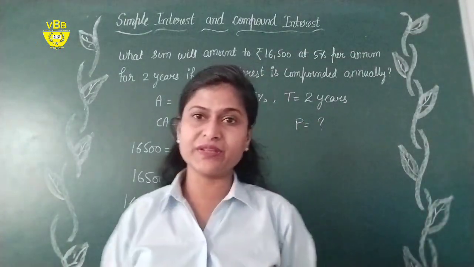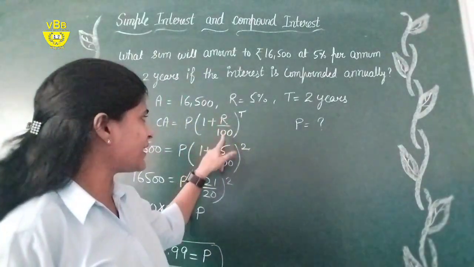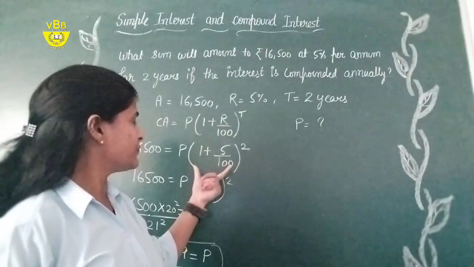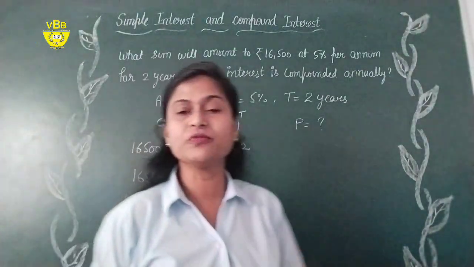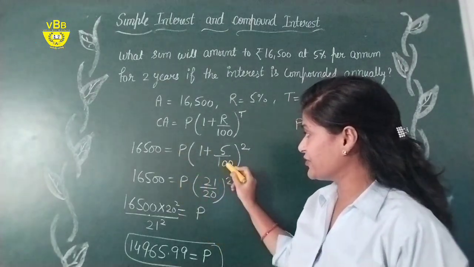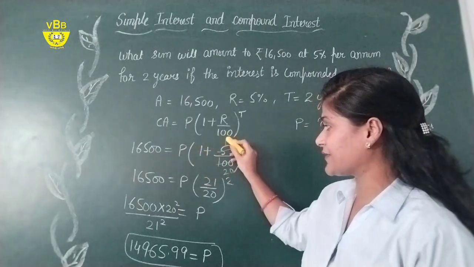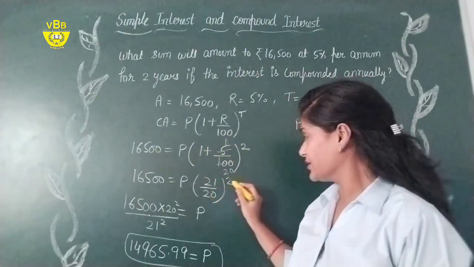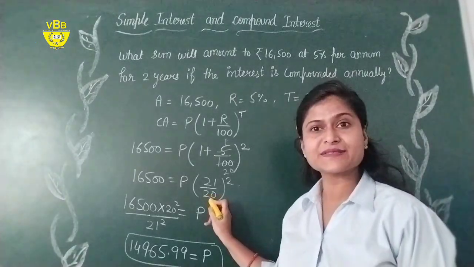Put the values in the formula. For compound amount, the formula is P(1 + R/100)^T. After putting all the values, P is left. We need to find P now. Solving, 5 ones are 5, 5 twos are 10, 20 plus 1, 21 by 20 raised to power 2. Now this is in division.